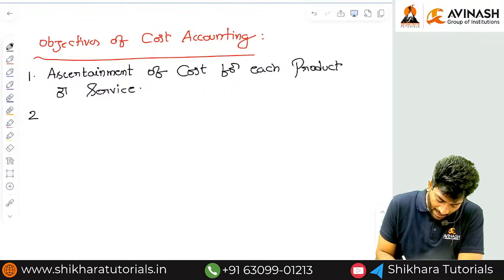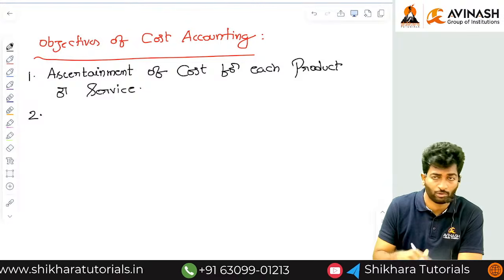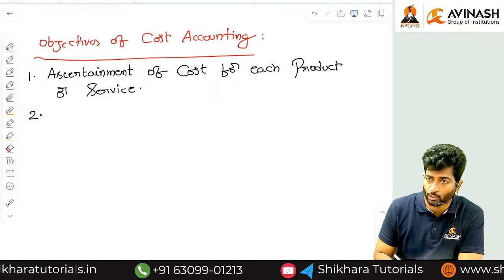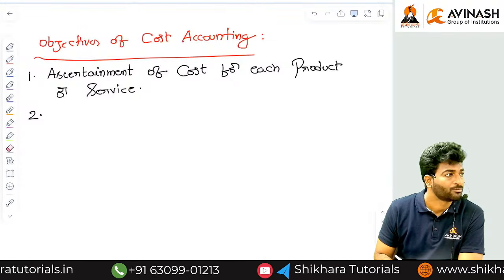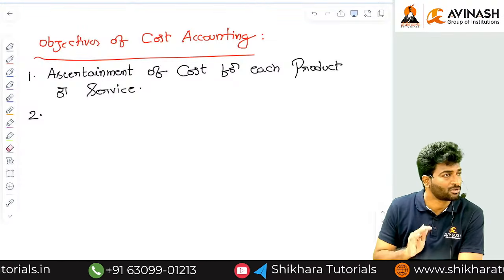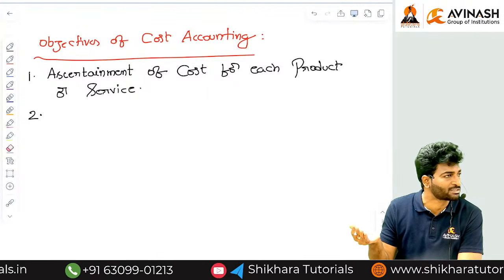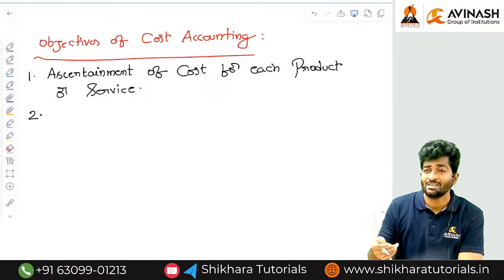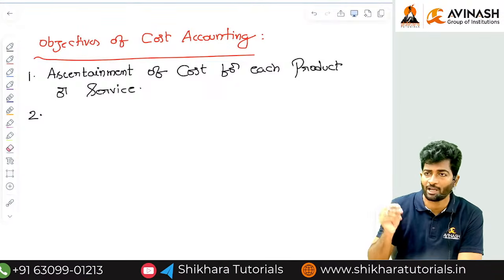And coming to the second one, after ascertainment of cost, you got the cost for each product or service. Next, what are you going to do? Directly selling price? How are you going to jump from cost to selling price directly? First you should ascertain the profit you want to make on that product, right?